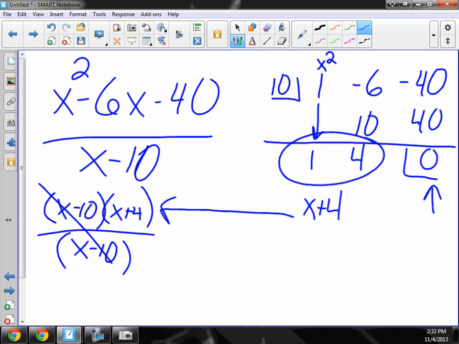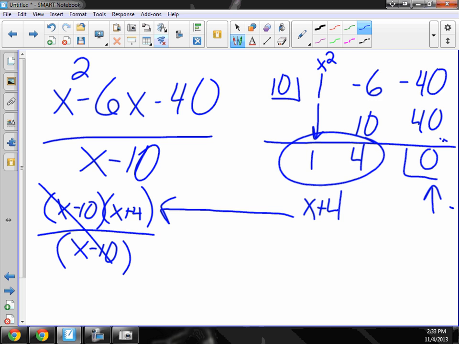Okay? Now, this is only useful if it's going to be a 0, right? So if I gave you this problem and I said simplify, I wouldn't use synthetic division. Because if it doesn't work, then you wasted all the time for nothing. Okay?